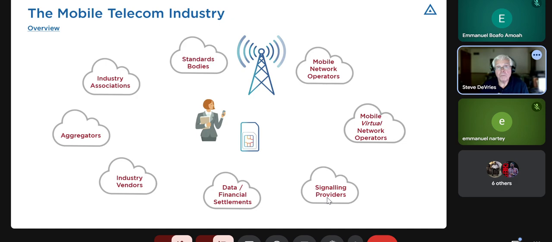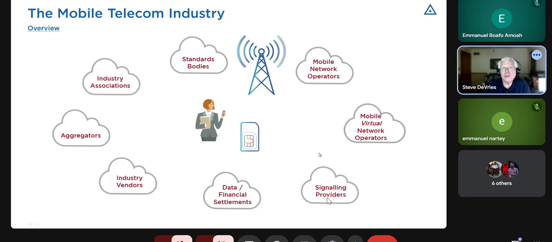But before we look at the generations, let's take a look at the mobile telecom just as an industry in the whole. Most people have seen maybe a cell tower. Most people are familiar with a mobile phone. But to make this whole thing work, there's different mobile network operators out there. And there's also what are known as virtual operators. They're operators, but they're not really operators, they're virtual operators.